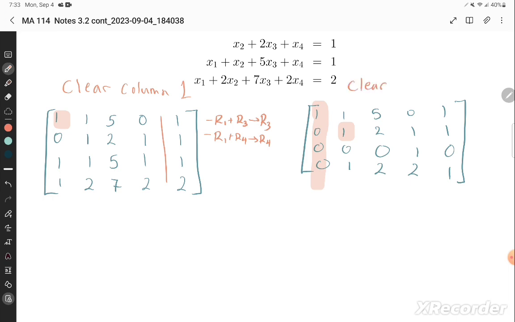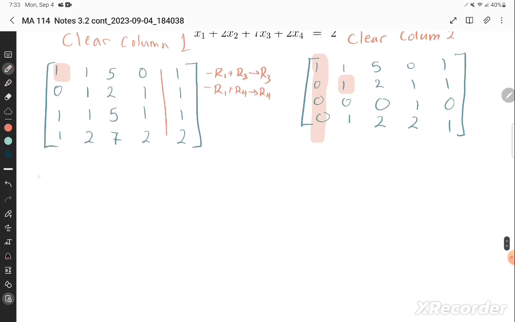Let's clear column 2. In order to clear column 2, I'm going to take negative row 2, add it to row 1 to get new row 1. And then I'm going to take negative row 2, add it to row 4, and get new row 4.